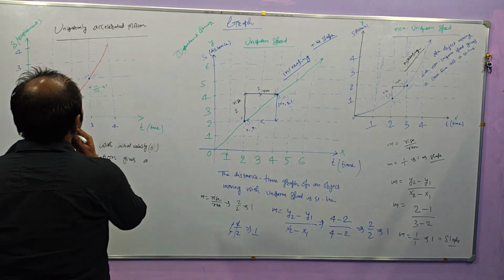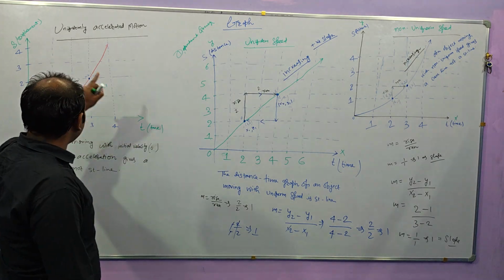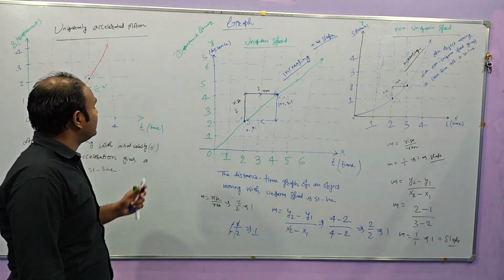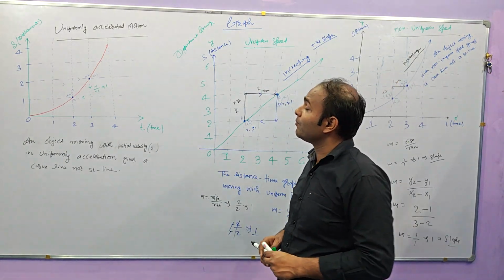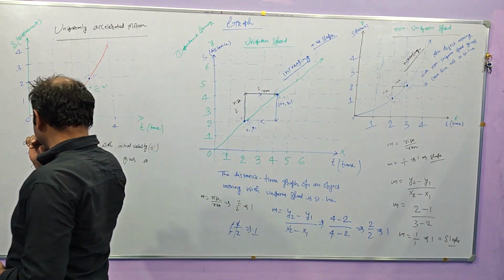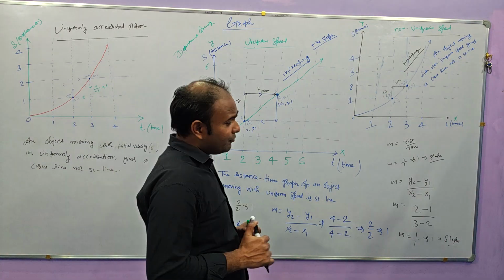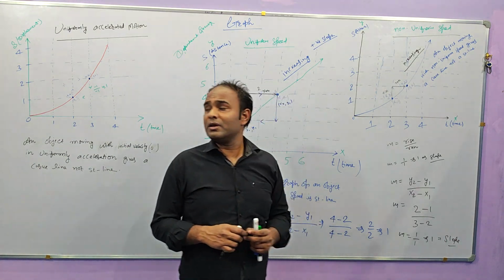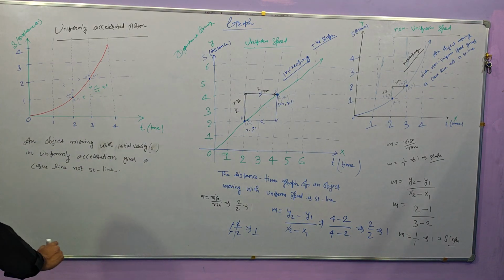Now, uniformly accelerated motion, displacement time graph. Whenever we talk about acceleration, there is a displacement, not distance. Whether it is constant acceleration or variable acceleration, that doesn't matter, but we consider displacement, not distance.